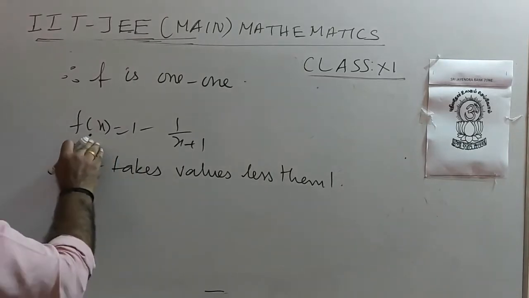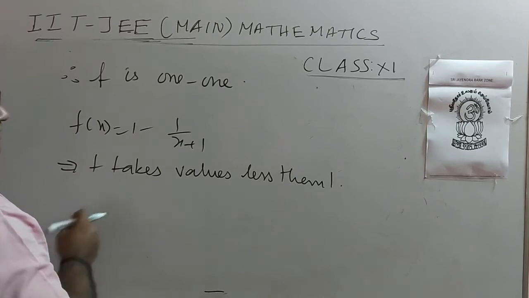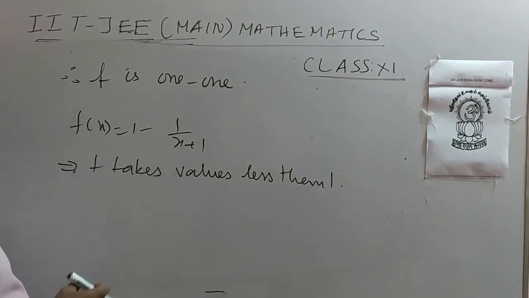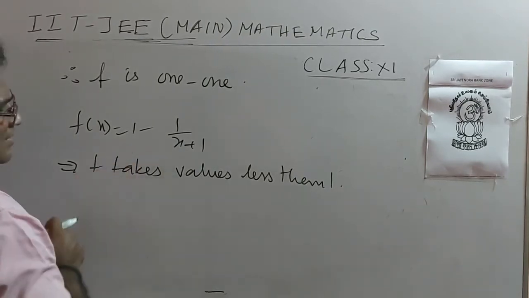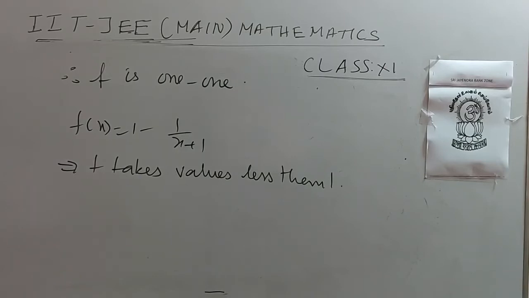Whatever value you take for x which belongs to real numbers, the value is less than 1. You take any value, the value will be less than 1. So f takes values less than 1.